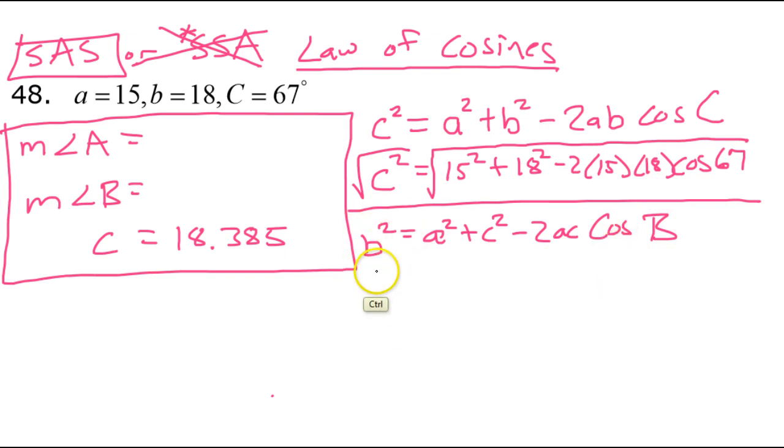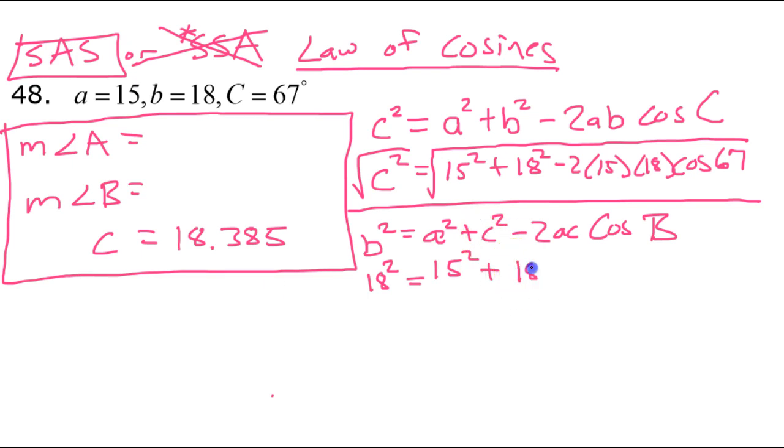So let's fill in what I know. So I've got 18 squared is equal to 15 squared, okay, plus, now, I now know side C. So I'm going to have to use that.